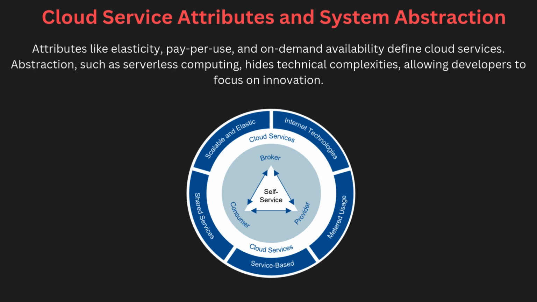For example, serverless computing abstracts infrastructure management, allowing developers to focus solely on the code. These attributes and abstraction make the cloud accessible and efficient, enabling businesses to innovate without being bogged down by technical complexities.